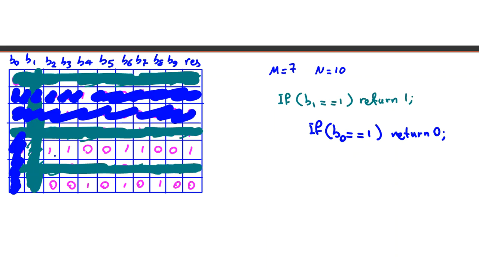Now again, if we consider, we know 1 is 1, 0 is 0, so we can check B2. We can say, okay, so let's try.